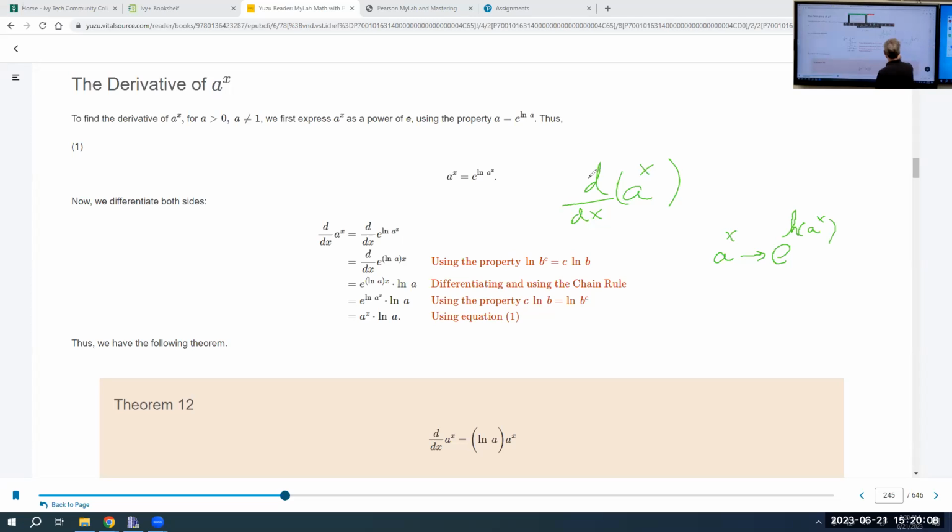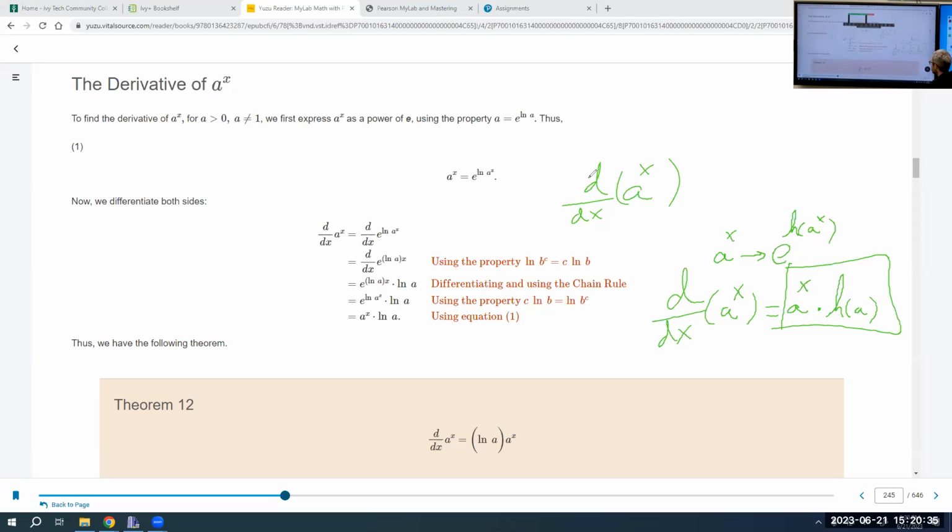So then they find that d over dx of a to the x is just a to the x times the natural logarithm of whatever a is. This is something you're going to want in your notebook, okay? You're going to want that one. You're going to want that on your cheat sheet. Hopefully with practice, you'll just remember. But this is where it comes from.